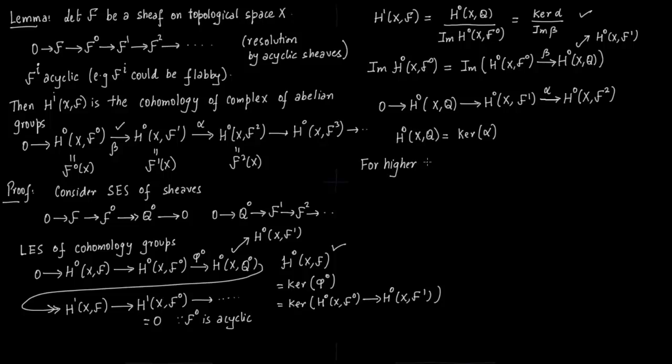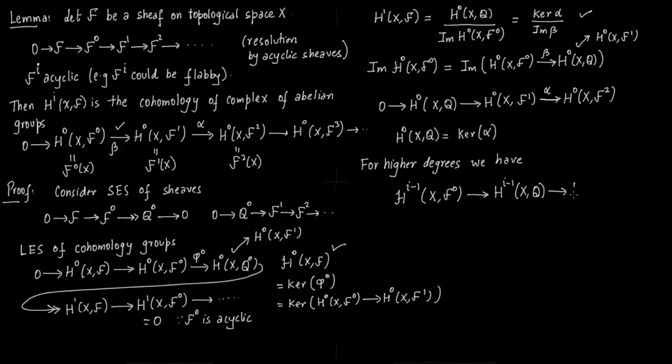Now we want to talk about higher degrees. For higher degrees, you always consider the short exact sequence 0 to F to F0 to Q0 to 0. That is the first short exact sequence which I have written.